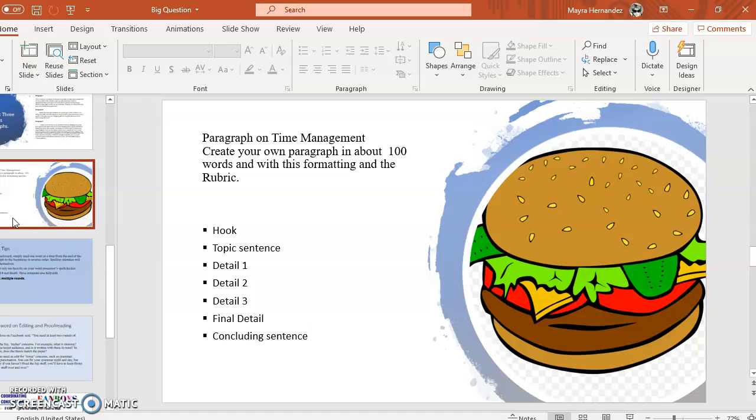I manage time. No. Time does not manage me. So that's the point there. Then we have, after the topic sentence, to write a detailed 1 idea, a detailed 2 idea, a detailed 3 idea, and a final detail. And after that, a concluding sentence.